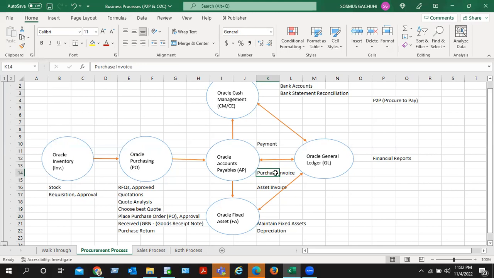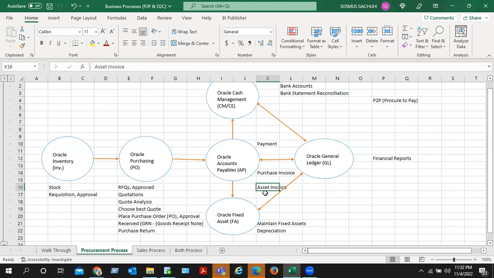And an expense invoice can be for an item like a service that an organization has procured. So this information doesn't need to be shared with Oracle Fixed Asset. It's only when they have received an invoice with asset details, telling them that this has been procured for use in their organization.